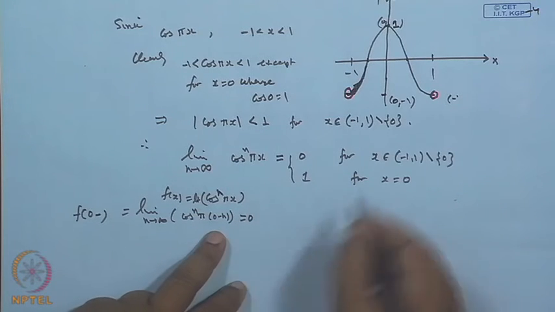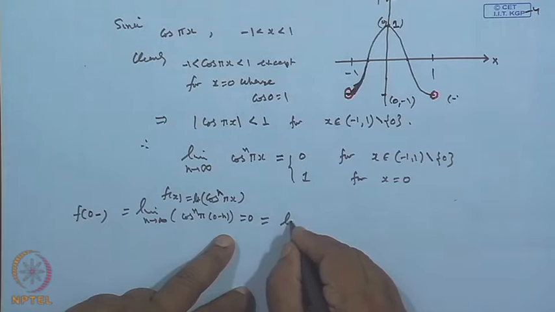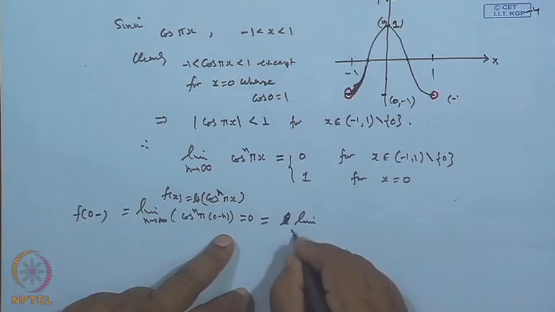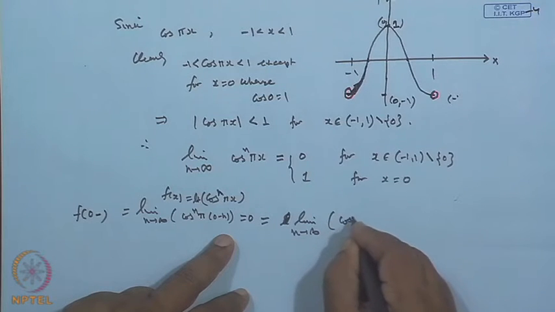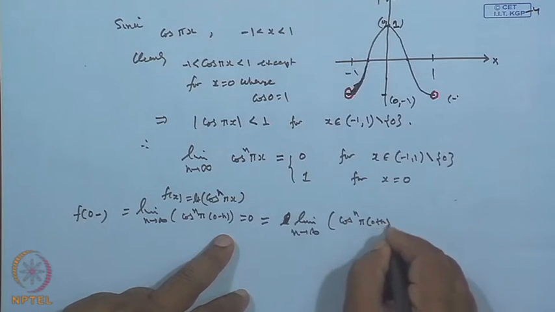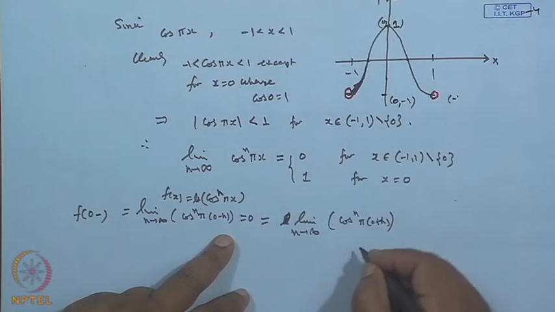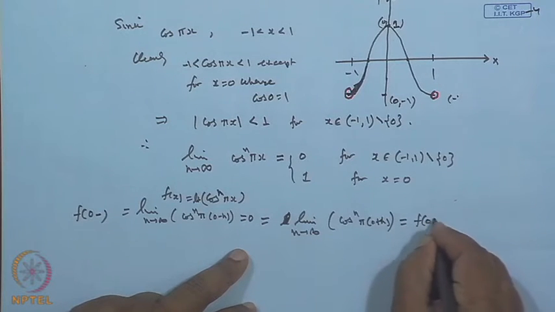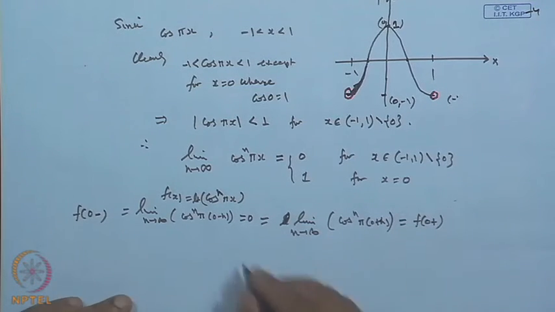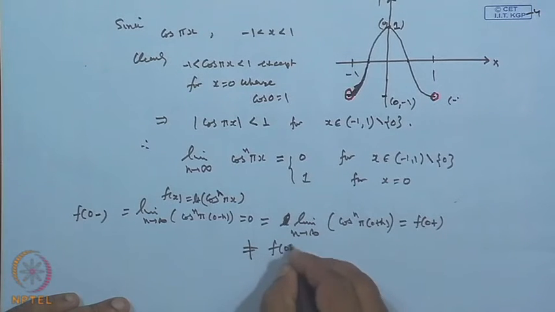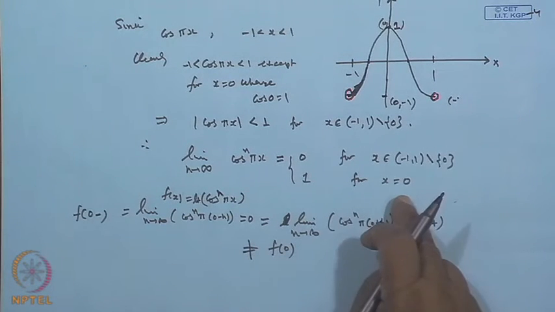When you approach from the right, the limit of this function as n tends to infinity, cos^n(π(0 + h)), is also 0, that is f(0+). But the value is entirely different from f(0), because f(0) is 1.